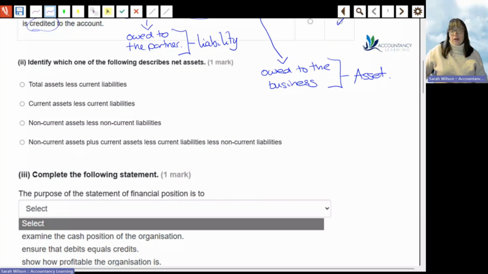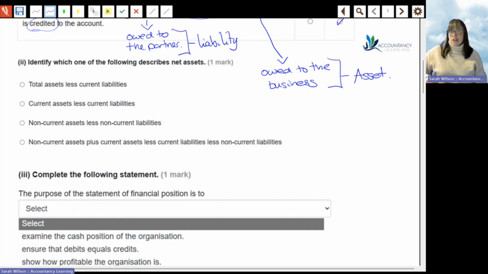Identify which one of the following describes net assets. We're given total assets less current liabilities, current assets less current liabilities, non-current assets less non-current liabilities, or non-current assets plus current assets less current liabilities less non-current liabilities.